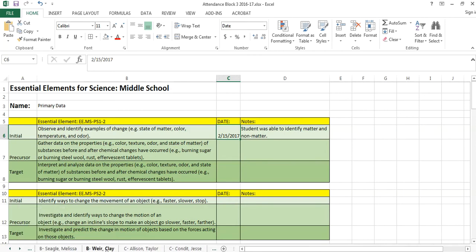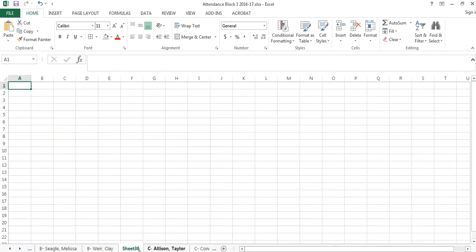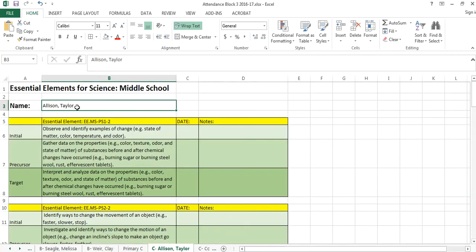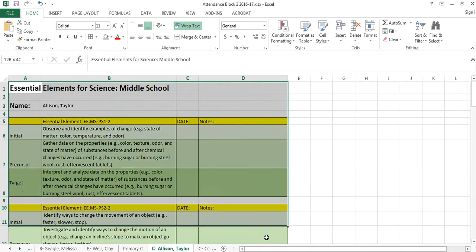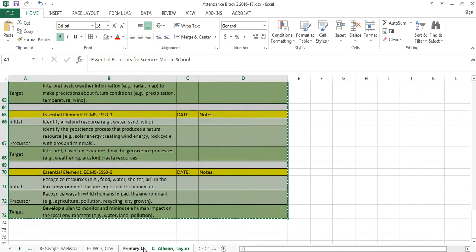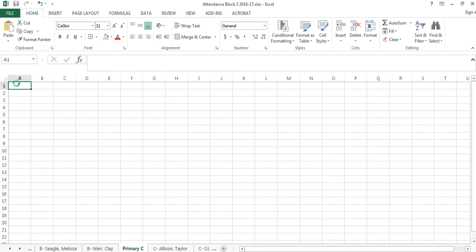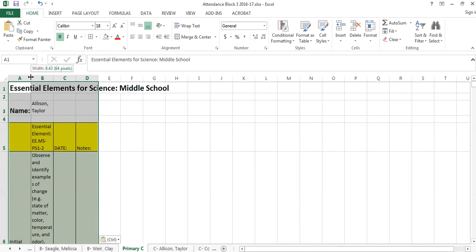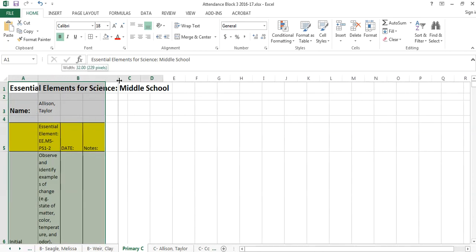And then I would have here another, so this would be primary C. And I would just have this same group of standards here, and it would be the exact same thing.